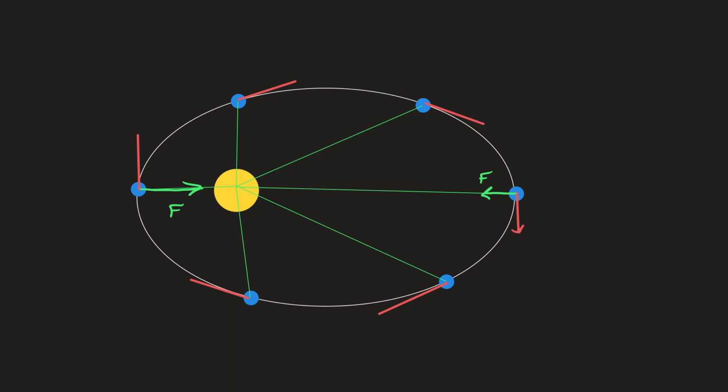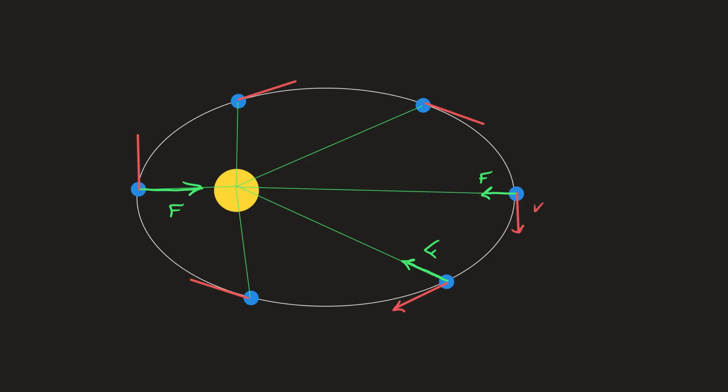But if we're starting from the point that's the apogee, the far away point, this velocity, after this moment, there is a component of the force that's along the direction of motion because the force is no longer perfectly perpendicular to the velocity, which means the planet is speeding up as it goes from the farthest away point to the closest point.